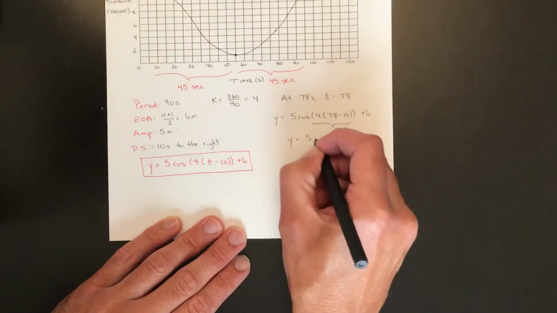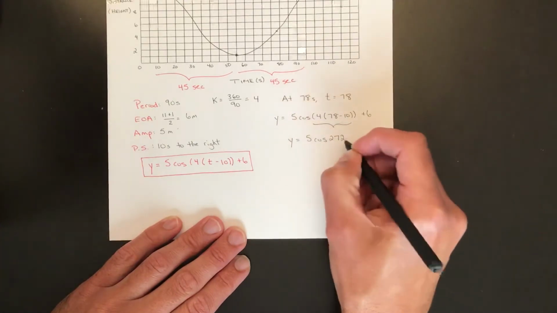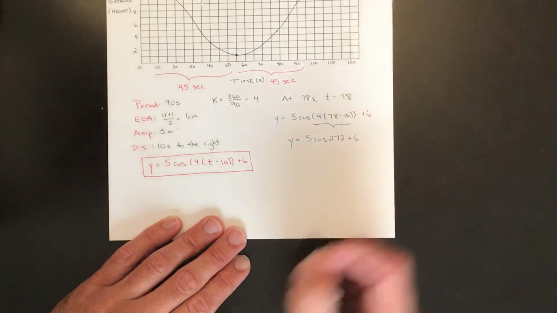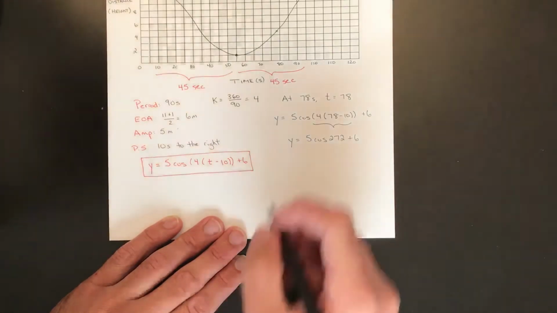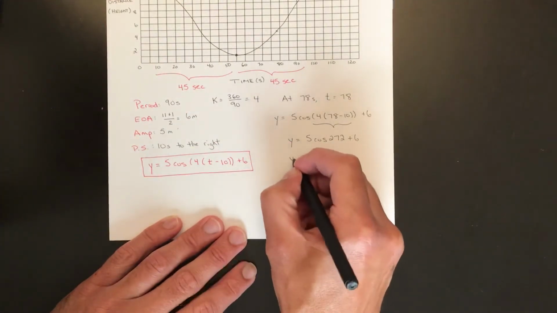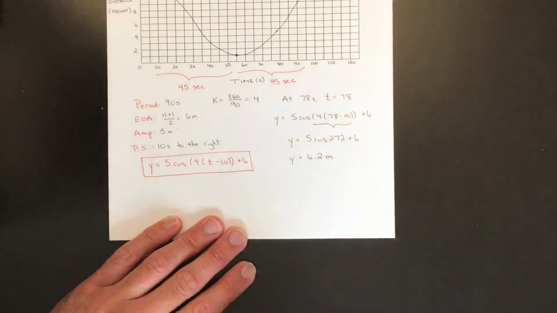So y equals 5 cos, that becomes 272, plus 6. Now making sure that your calculator is still in degrees, you can type that in exactly as you see it, and we get an answer of 6.2 meters.